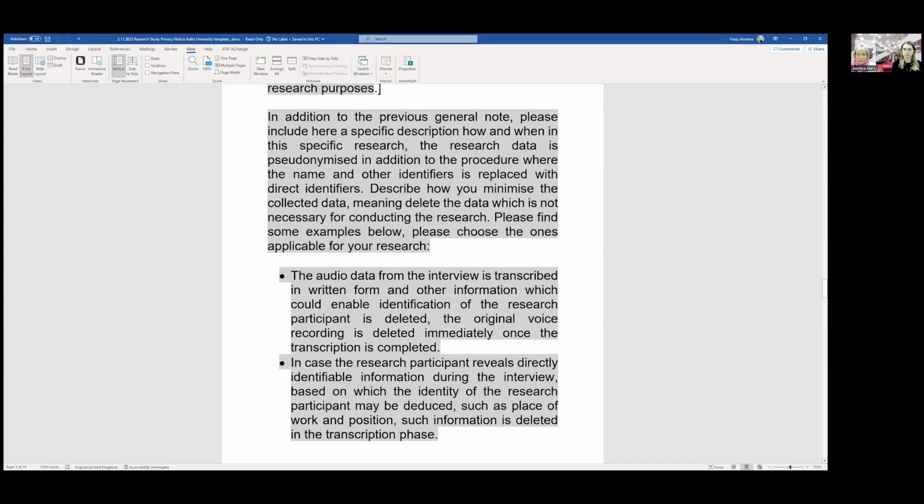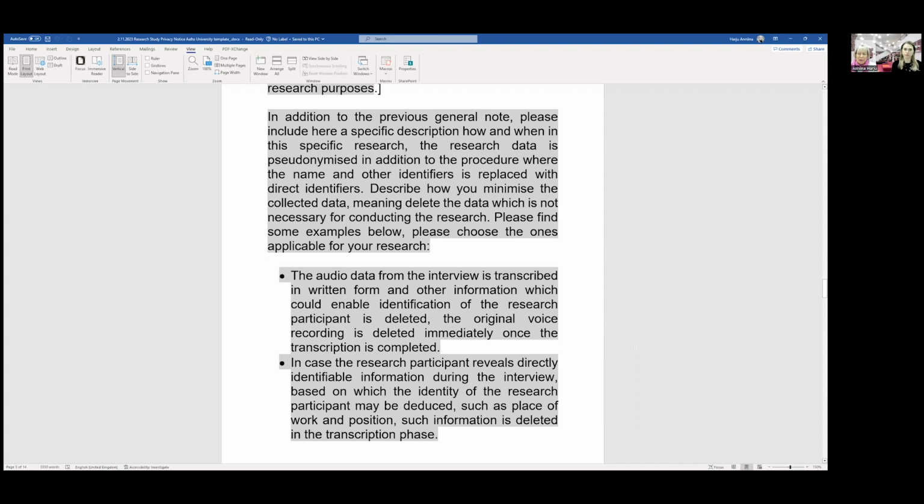And data minimization is recommended, but in scientific research, only to the degree that you don't minimize the data to death. So you can keep all the necessary data you need for the scientific research purpose.